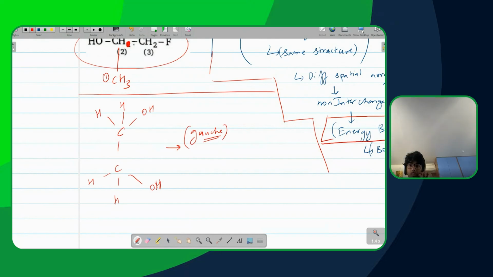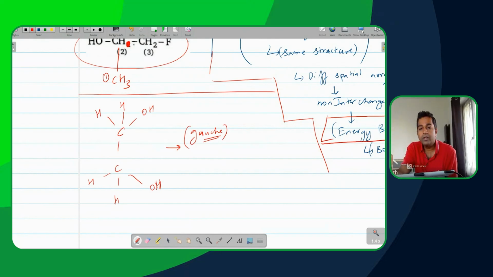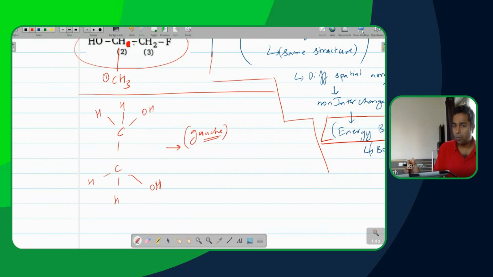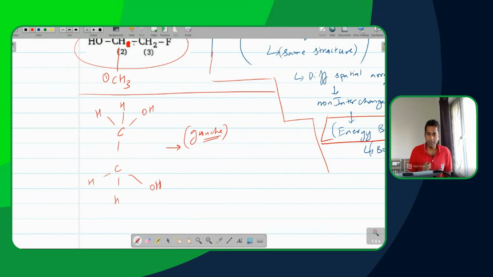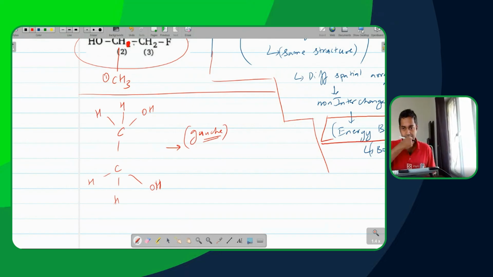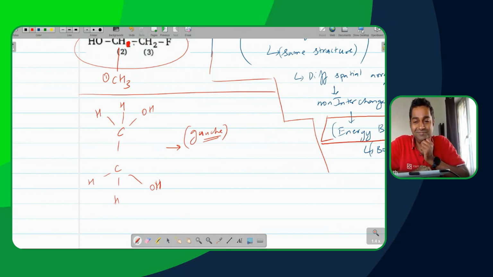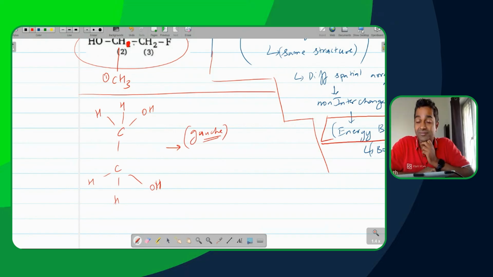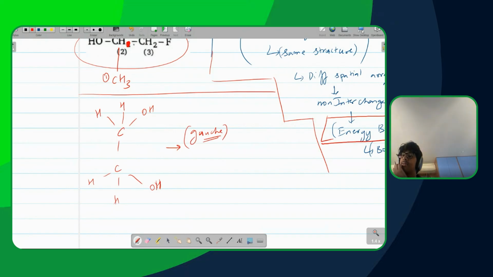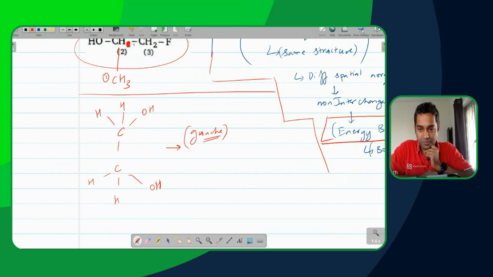Whenever you have a question of this sort, what is going to be the issue here? The hydrogen bond. Good. What have I taught you so far?